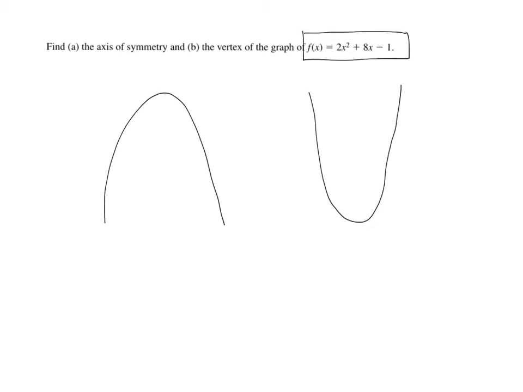The way we can tell if it's going to be a smiley face is that the very first letter, the A part, because it goes ax squared plus bx plus c, if that first A is positive, it's going to be a smiley face.